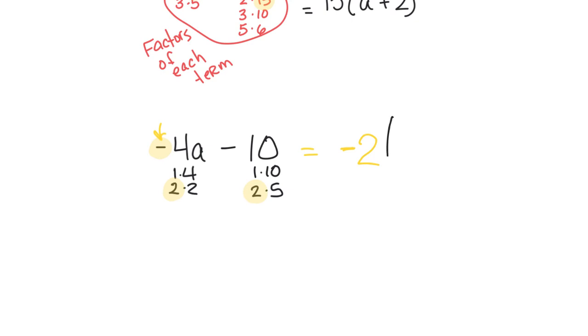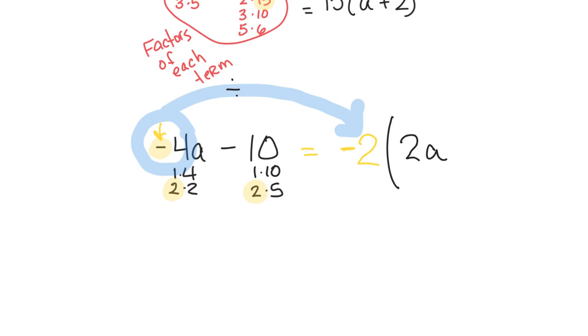So now when you do open parentheses, you're going to ask yourself, what is negative 4 divided by negative 2? Positive 2. And what's with that negative 4A? It has an A with it, so I put it back with it.